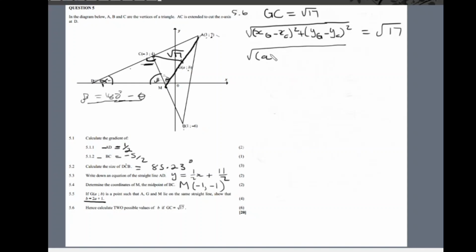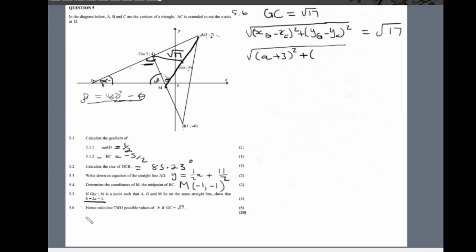And then at the same time, we know the length of GC can be calculated using the distance formula by saying the square root of x at G minus x at C all squared plus y at G minus y at C all squared is equal to the square root of 17, right? So x at G is a. X at C is minus 3, so here I'll have plus 3 all squared, right?